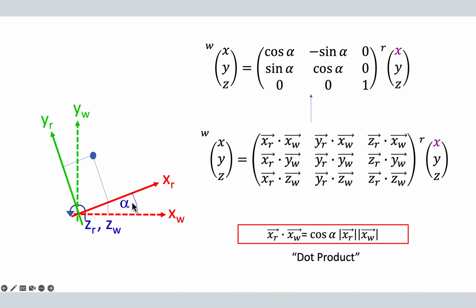Now as you turn this coordinate system, the projection of the x component of the robot becomes smaller, and you can see how eventually x and y just switch positions when you are at a 90-degree turn. Now with that intuition, there is a simple formula to actually compute this projection, which is known as the dot product.